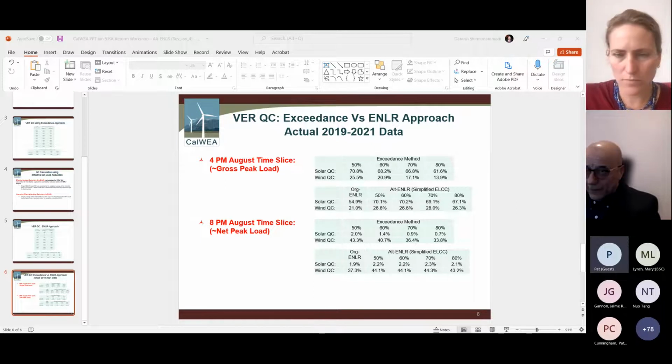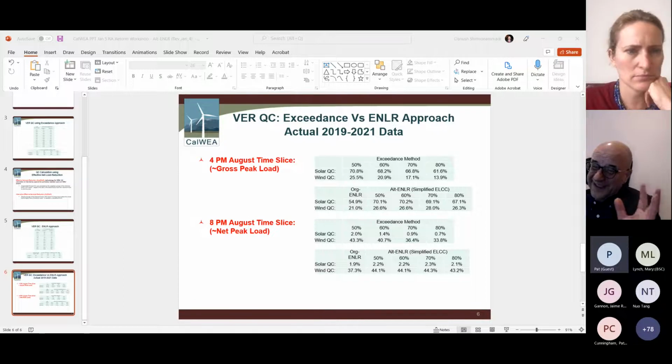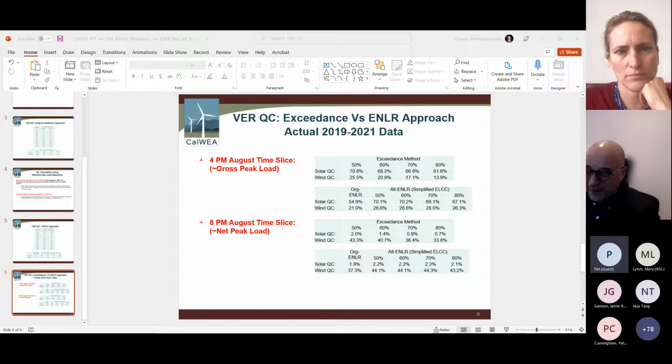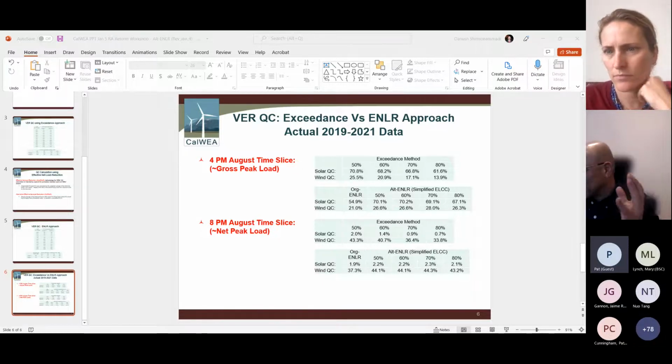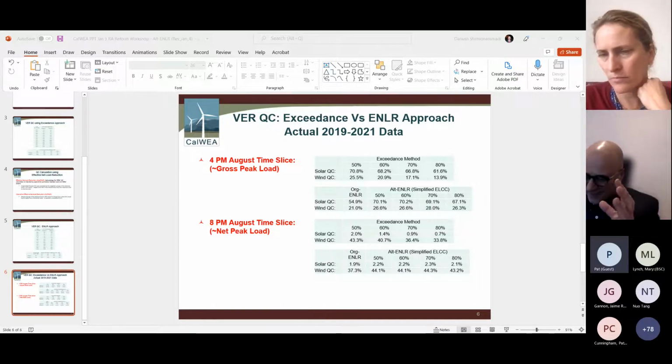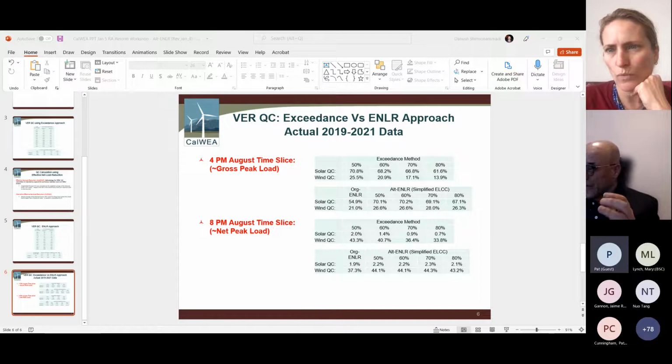I simply used, for example, these 2 hours because they are the sexiest hours in the year. 4 p.m. in August, which is supposedly close to peak gross load, and 8 p.m. in August, which is close to net peak, though not the net peak load for the year.